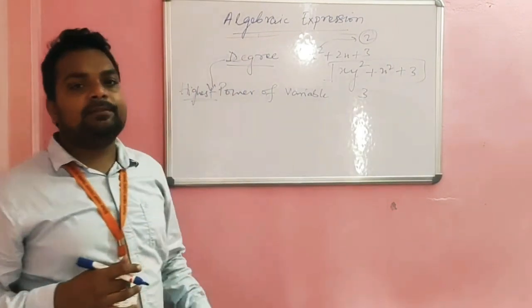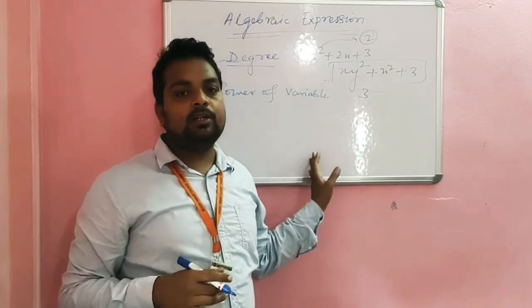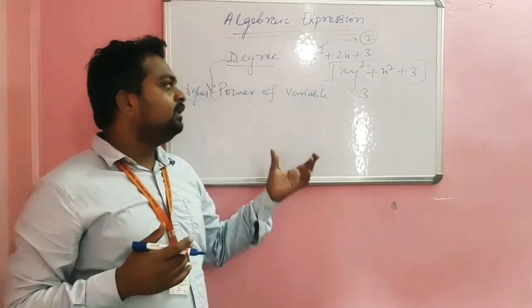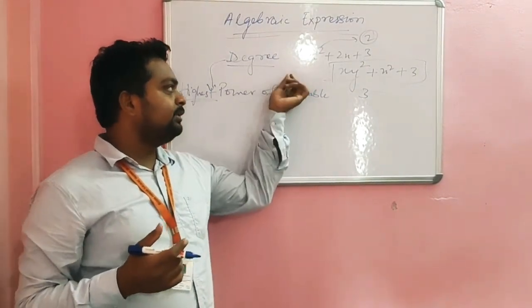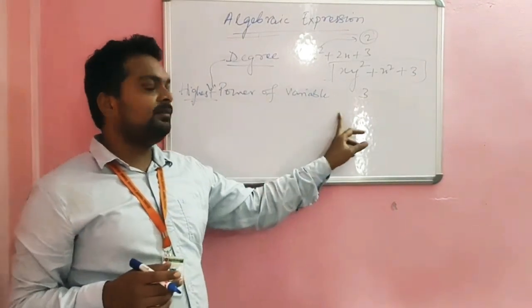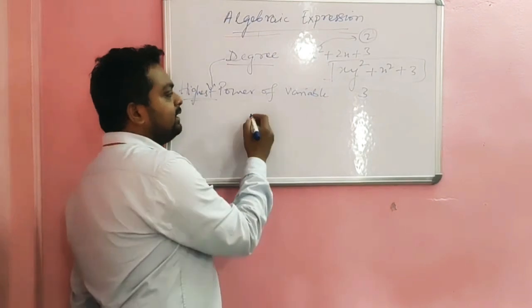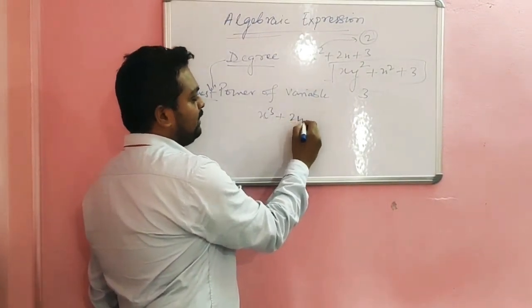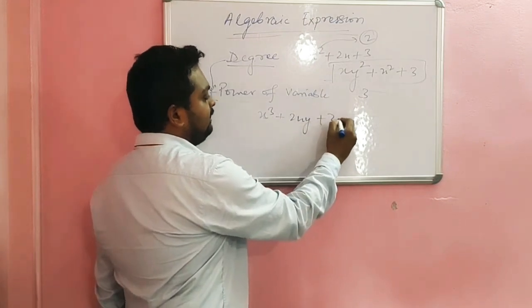Degree is very important, because on the basis of the degree we can classify algebraic expressions, which we will see in the next video. So degree is the highest power of the variable. Let's take an example: x cube plus 2xy plus 3z.